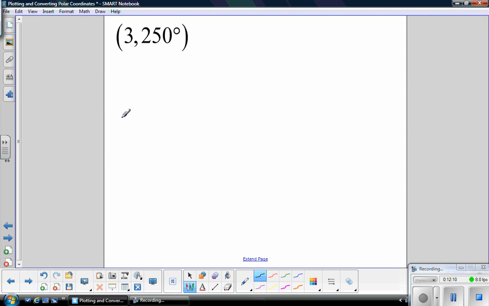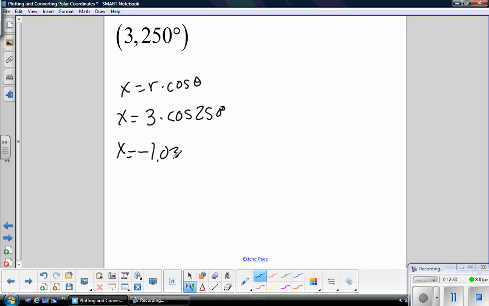Next example, converting that. So again, x is going to equal r times the cosine of theta. So I have my radius, which is 3, times the cosine of 250 degrees. And again, that's calculator work. -1.03.